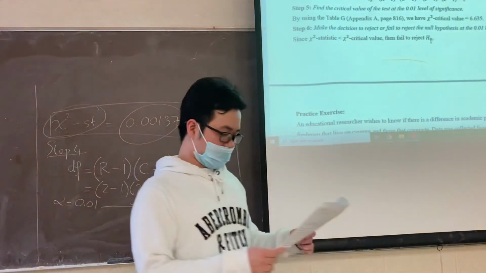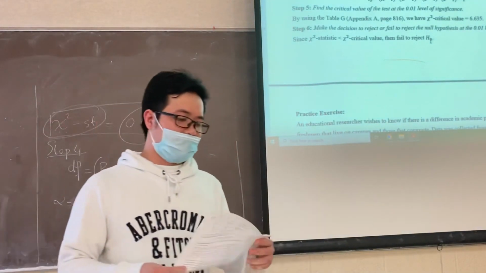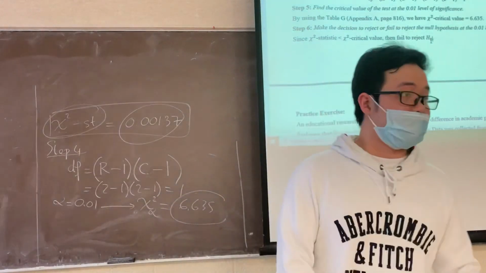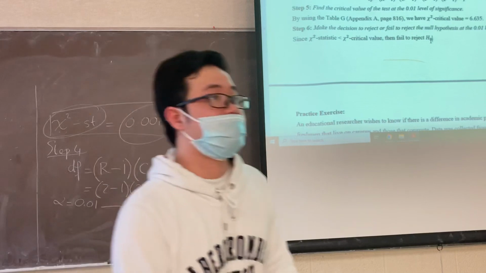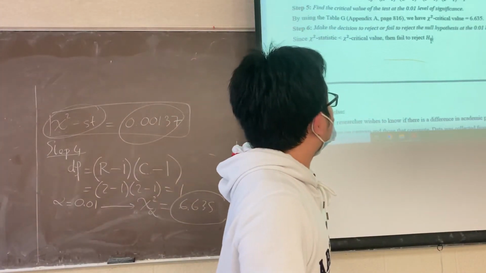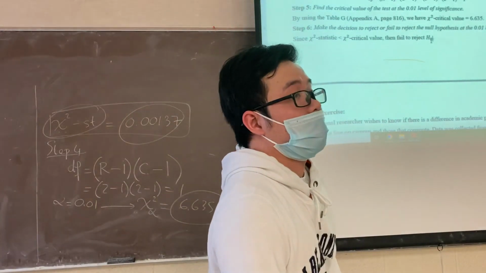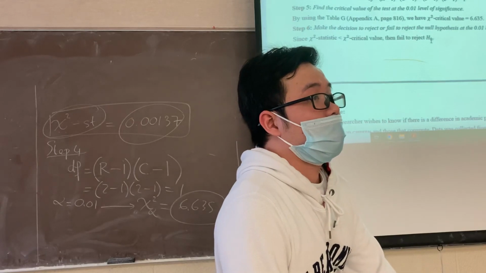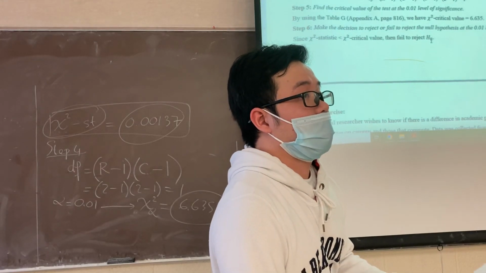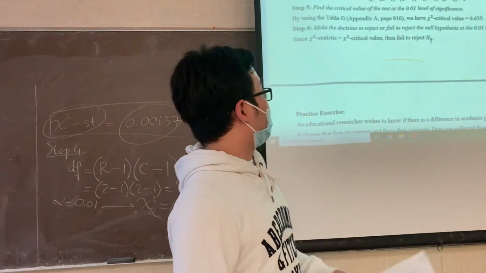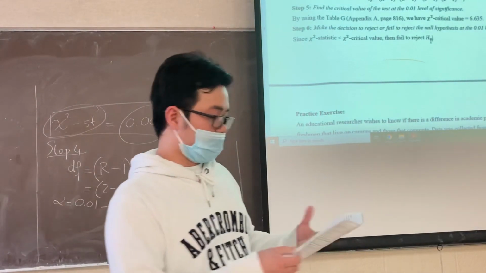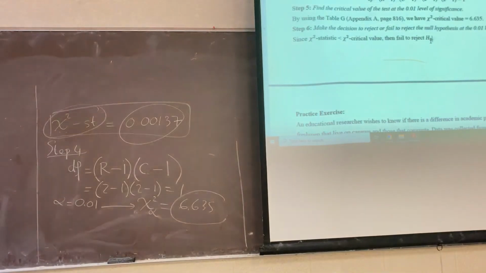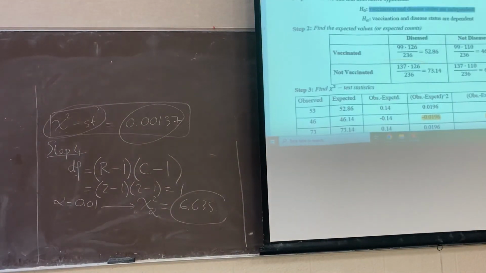Okay. Any questions so far about the chi-square distribution test for association? Okay, Maria, please. Since we failed to reject it, does that mean that there is a relation between vaccination and disease, or there isn't? When we fail to reject the null hypothesis, what is the null hypothesis? Vaccination and disease status are independent.